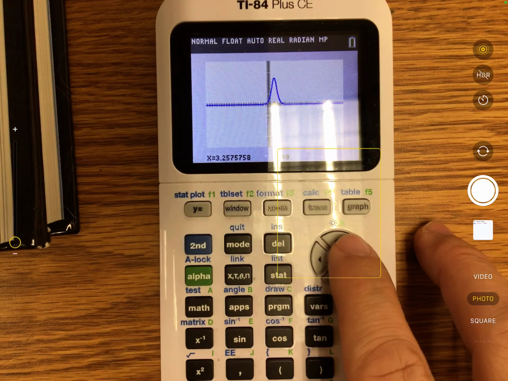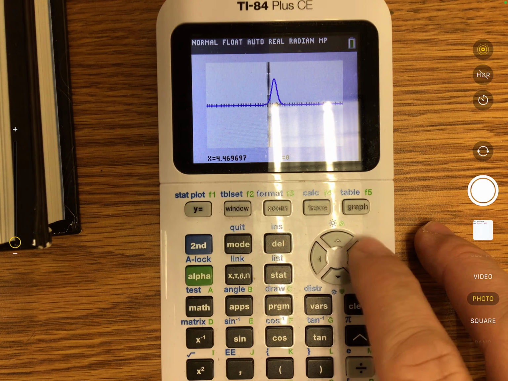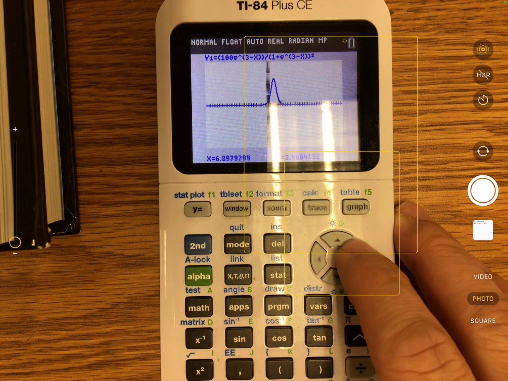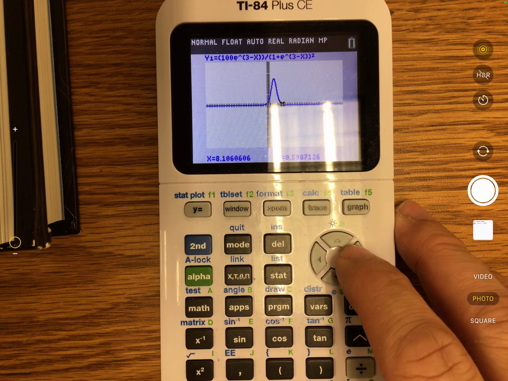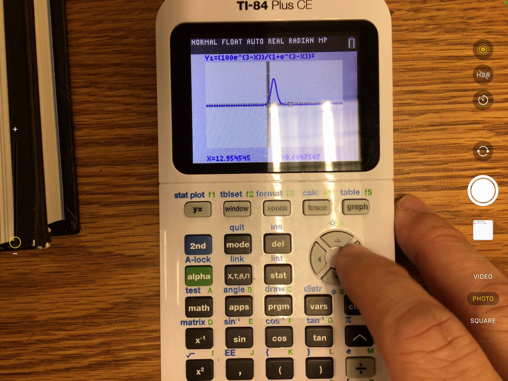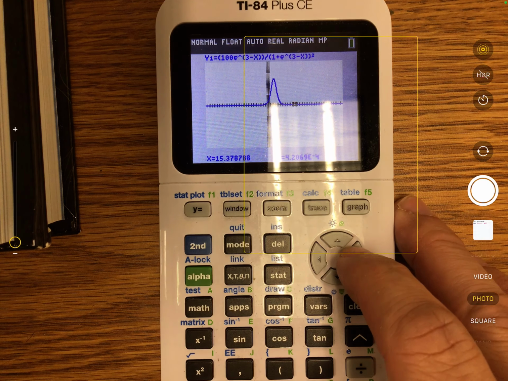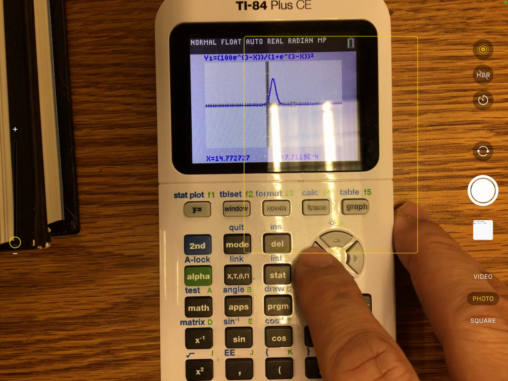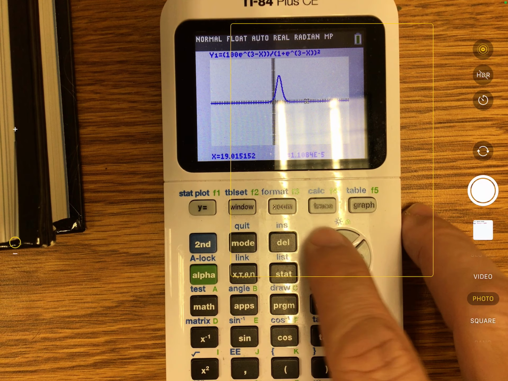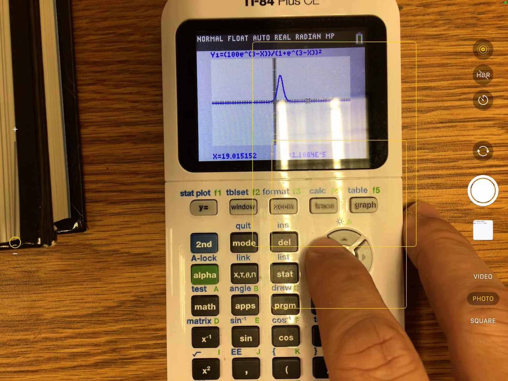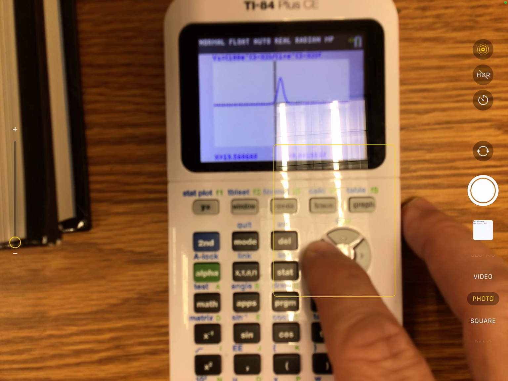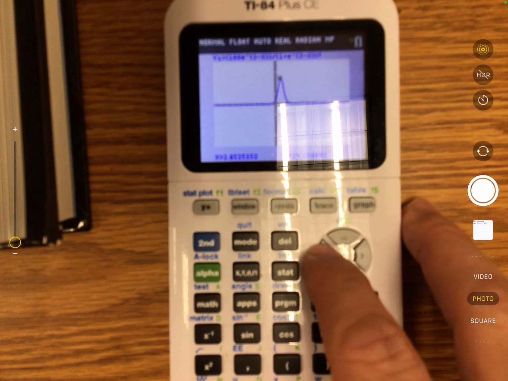Okay. So now what we can do here is we can find out when our slope is equal to 0. When is our derivative equal to 0? Sorry, it's cutting out.